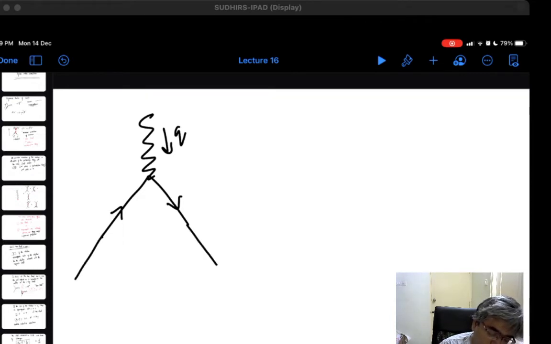Let's do it this way. So this is a diagram; I wrote it in a different way.